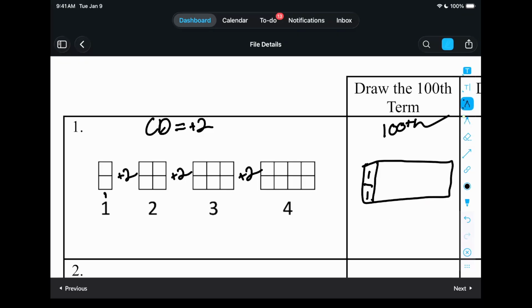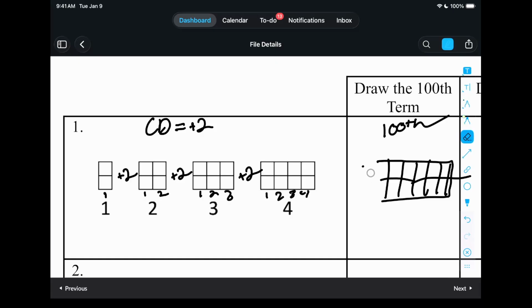Or if I counted this as row 1, then these would be rows 2 to 100. Either way, there's 99 rows like these, and then the boxes.